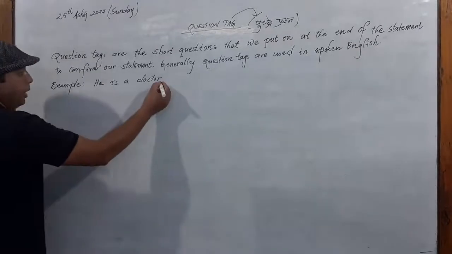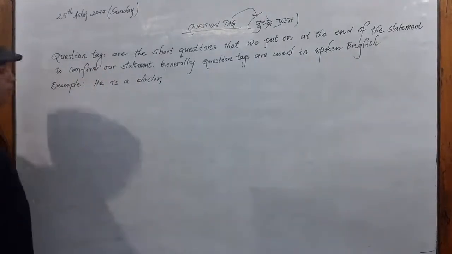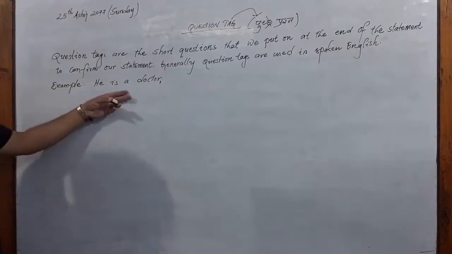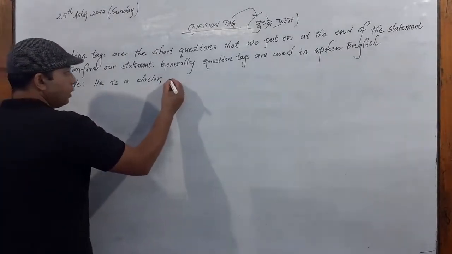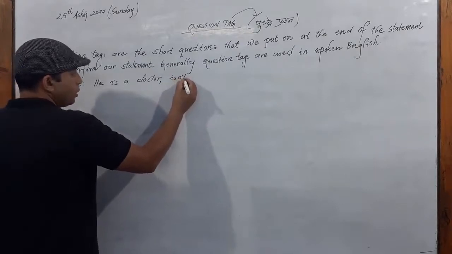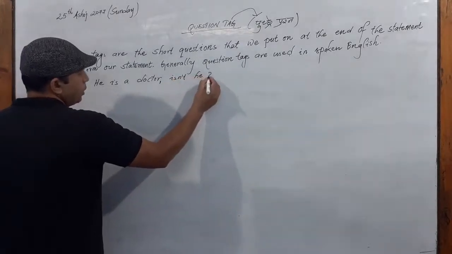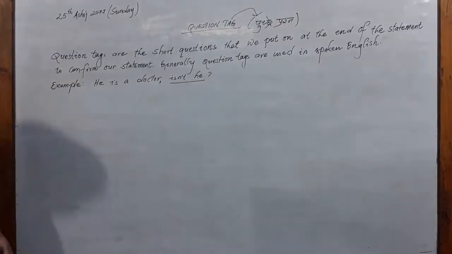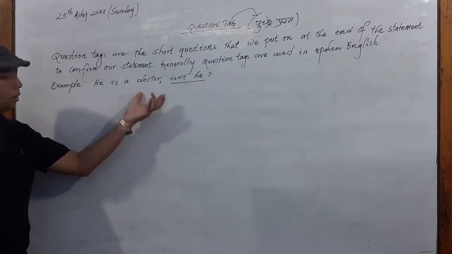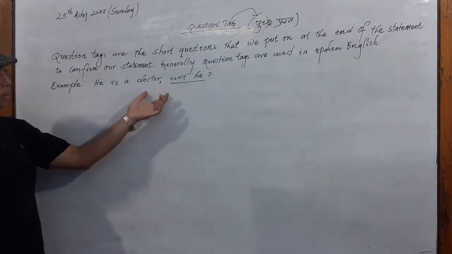So this comma here. He is a doctor. This is statement, and isn't he is a tag. So he is a doctor, isn't he?